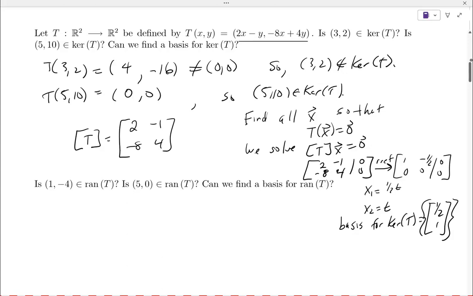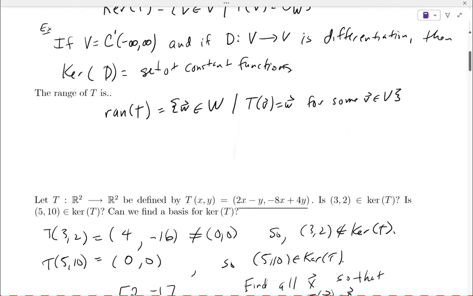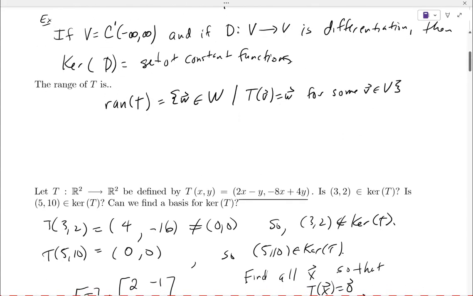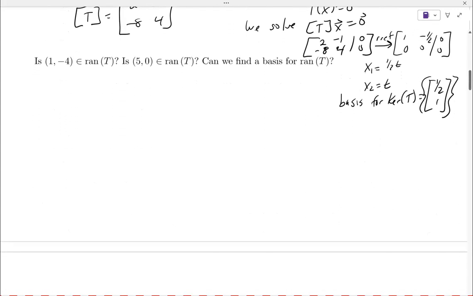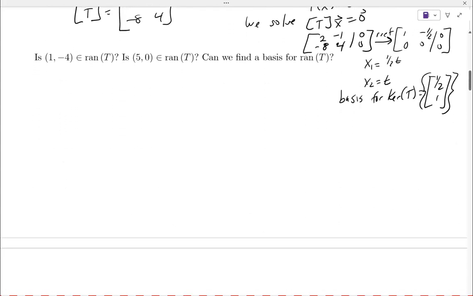If I want to know if something is in the range, notice again, the range is defined as I can find a vector in the domain that maps to the given vector, right? So going back down here, if I want to check that 1, -4 is in the range, what do you think we should do?